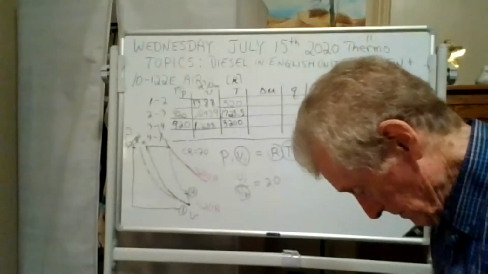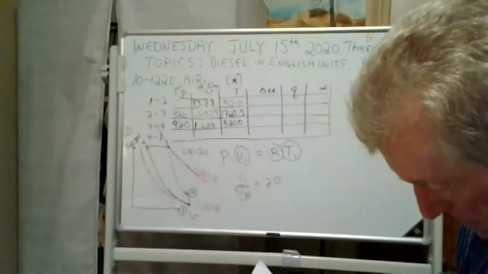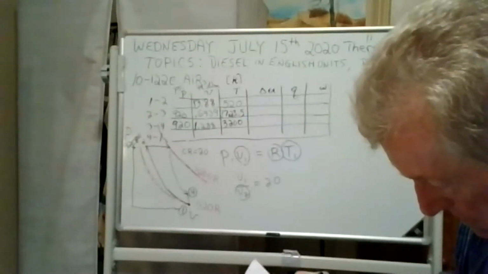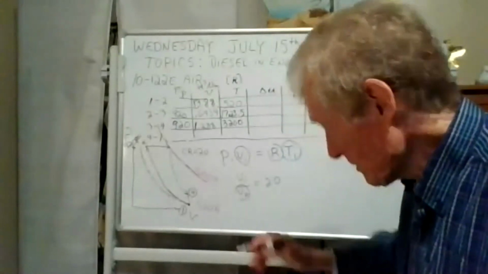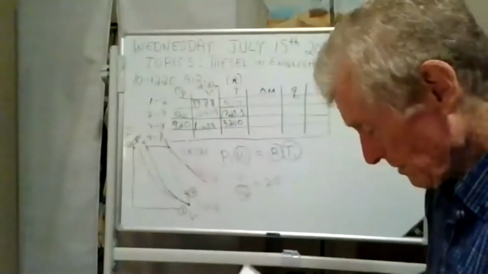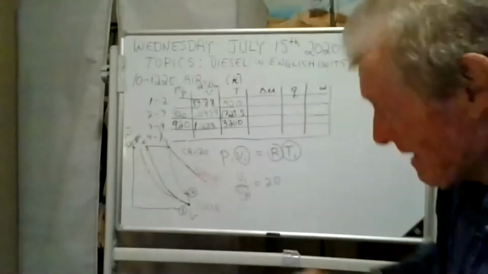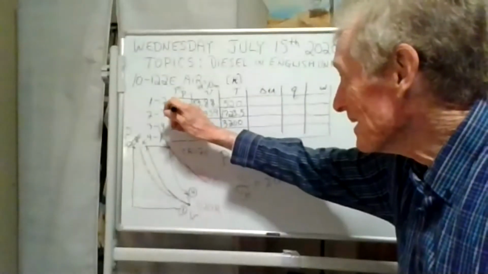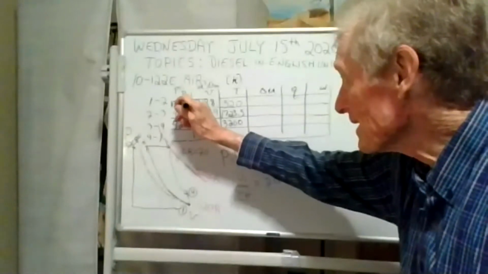Okay, I've got, well, this is kind of weird. Did I do something wrong? What did you guys get for this pressure here? I got 13.88. I did too. I get 13.88.